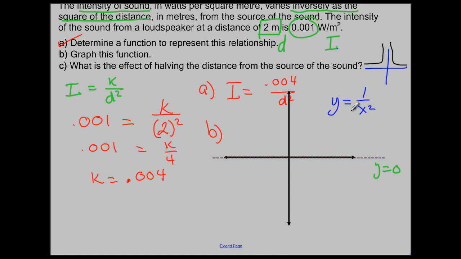The only value d can't be is 0, so we also have a vertical asymptote at d equals 0. I'm going to use that label, d equals 0, and this really shouldn't be y, it really should be I.